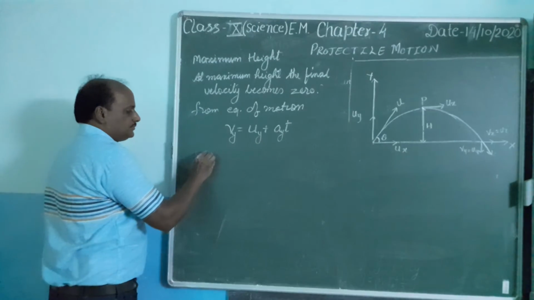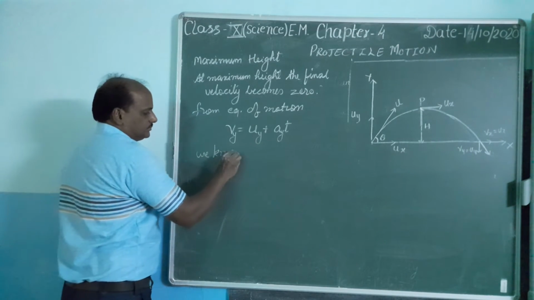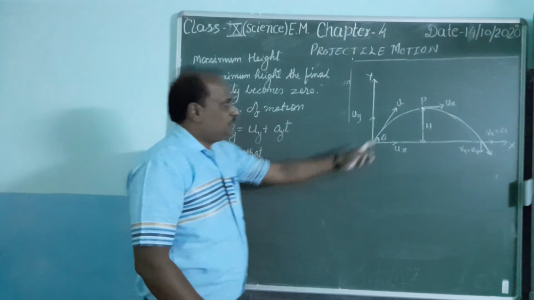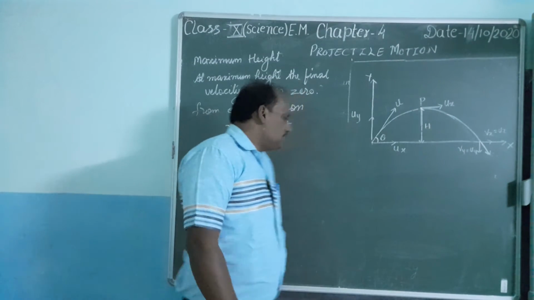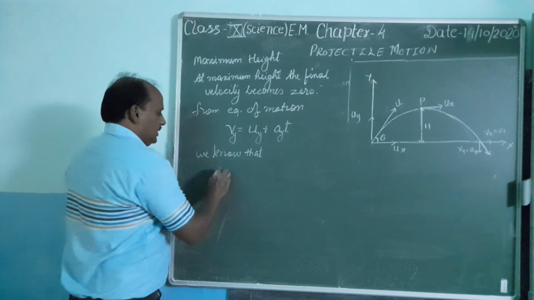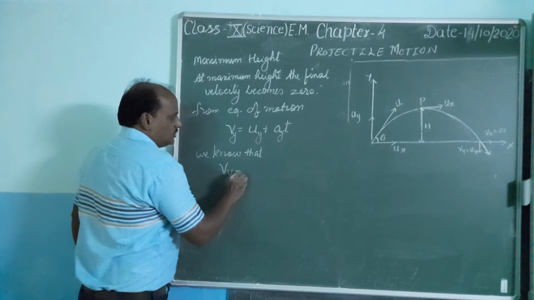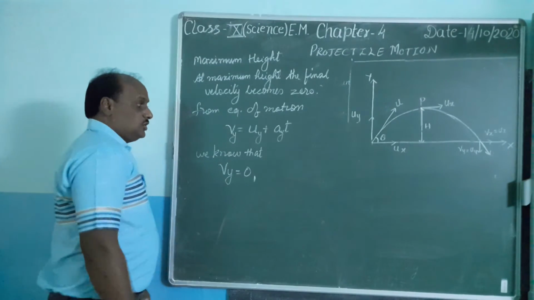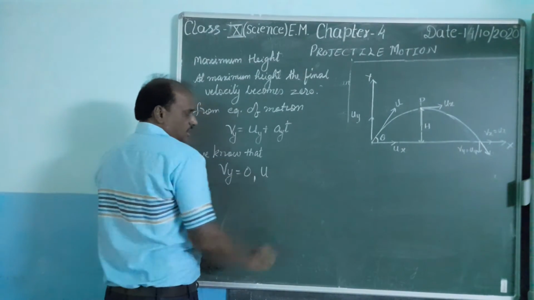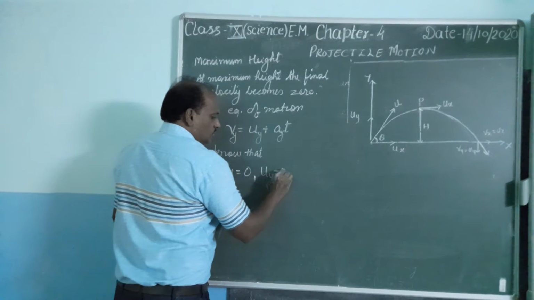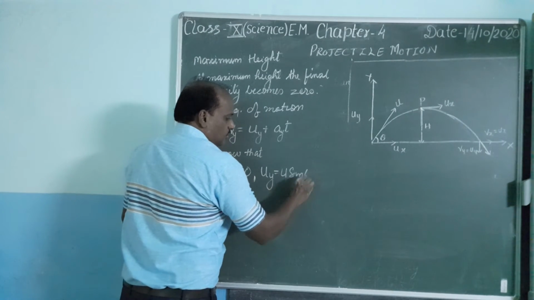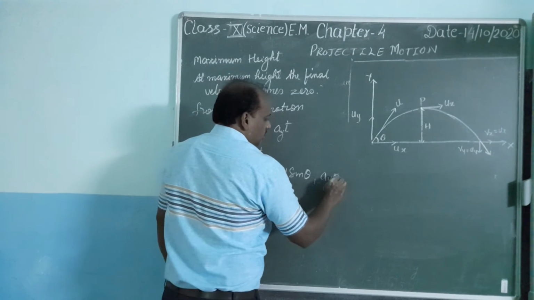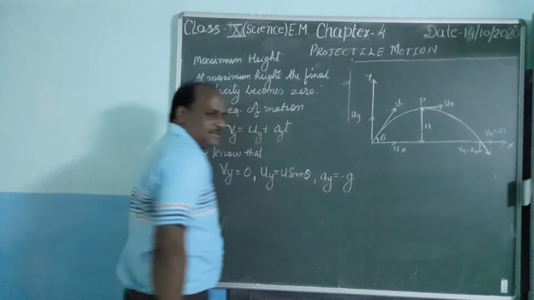We know that at this maximum height P, the velocity, that is Vy, will be equal to 0. Uy is equal to u sin theta, the vertical component, and Ay will be equal to minus g.